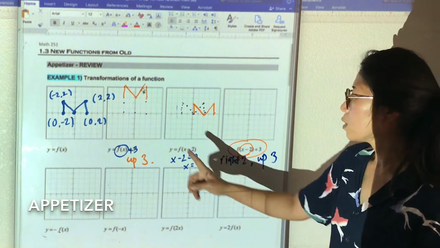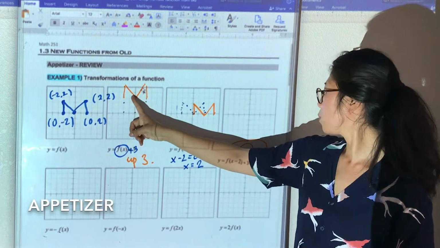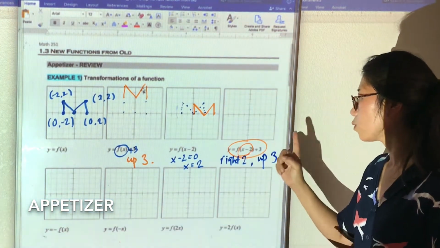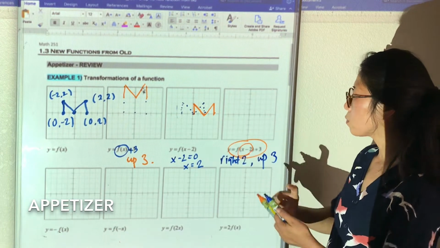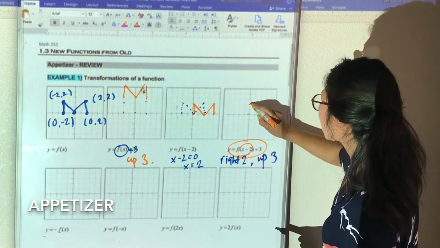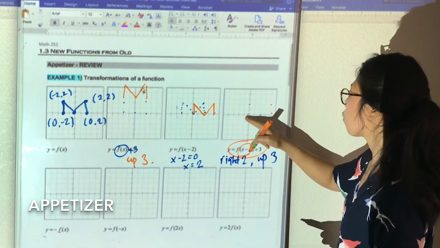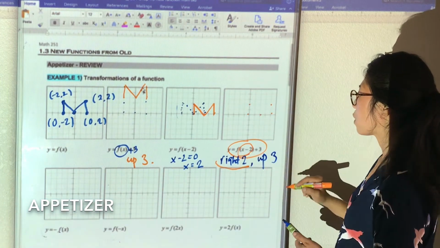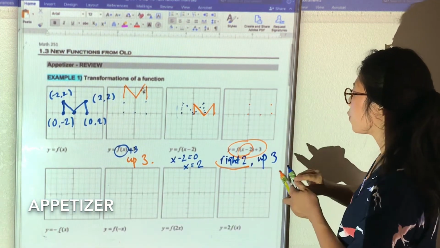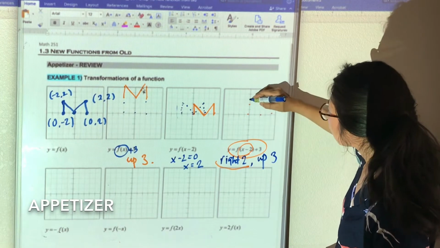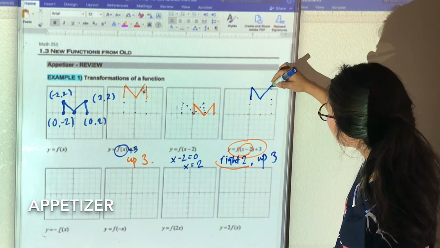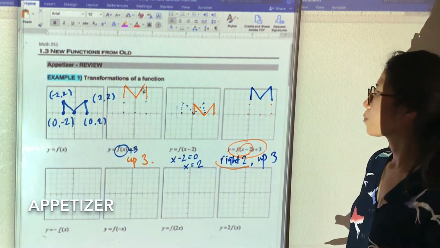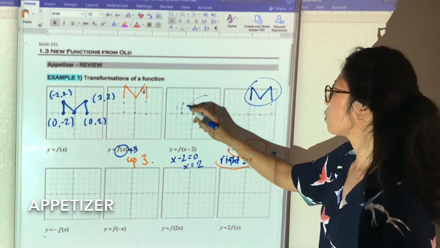So either you can use this function already and move up 3, and then move right 2, or you already have a right 2. So I'm going to utilize this function, same thing I had before. Already moved right 2, so I'm going to move up 3 using those 5 coordinates. So now my new function has a shape of M this way. So these are the answers.